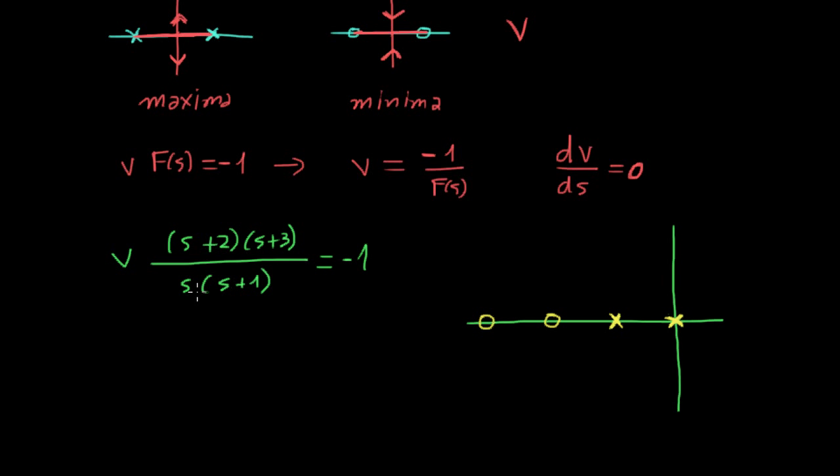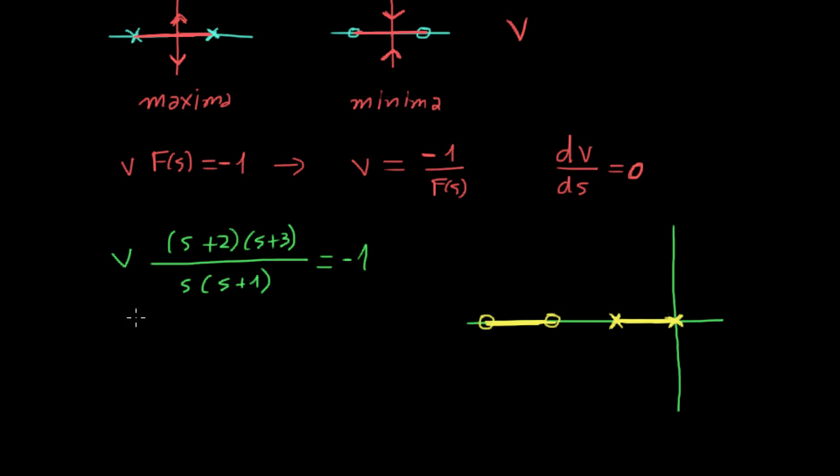In this example, f of s has poles at 0 and -1, so there's positive root locus between them, and zeros at -2 and -3, and there's also positive root locus between them, so there must be a breakaway point in this branch and a breaking point in these two branches, in this area and in this area.